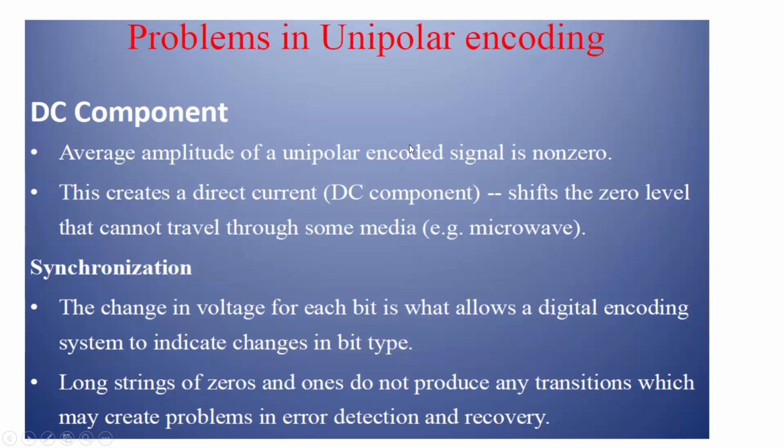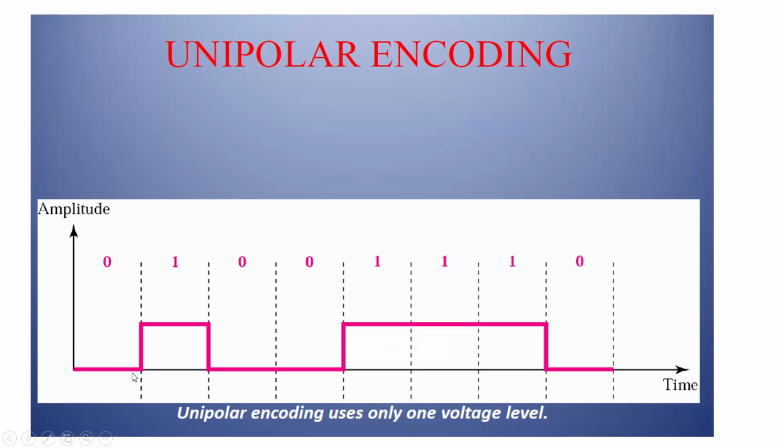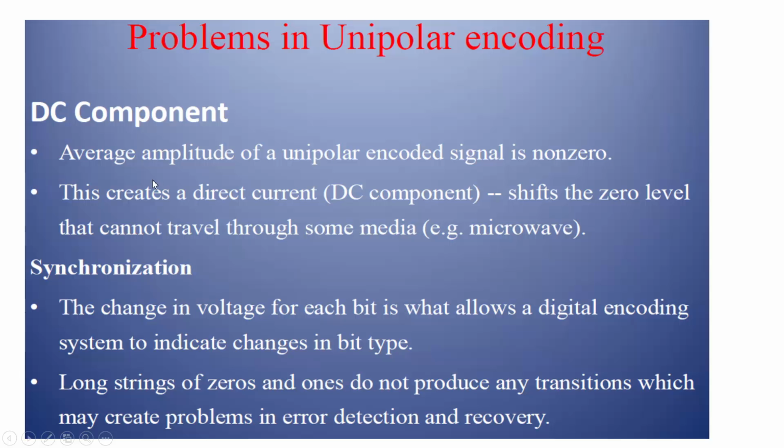So the average amplitude of a unipolar encoded signal is non-zero, because if you look at the diagrams, the average will have a certain amount of average component or DC component in this type of encoding scheme.